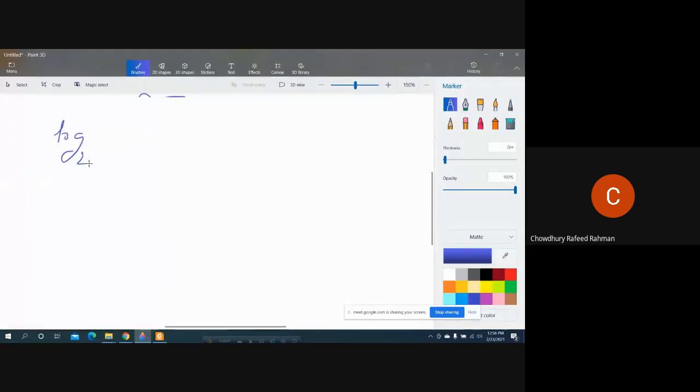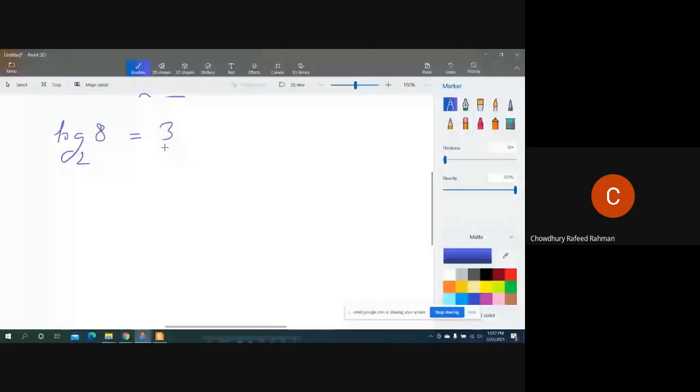Okay, tell me. Log base 2 of 8 equal to what? What is the answer? So 3. Can anyone not understand this, or do I have to explain? Can everyone understand how this 3 comes here?